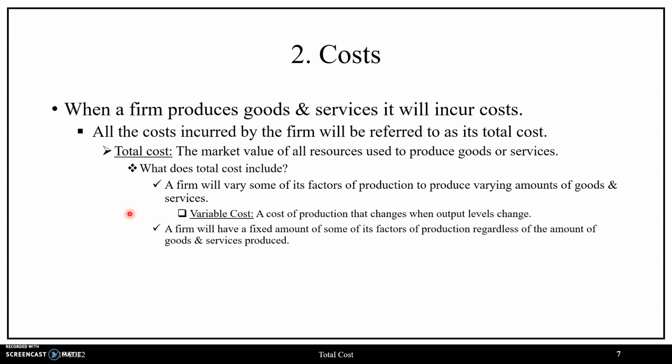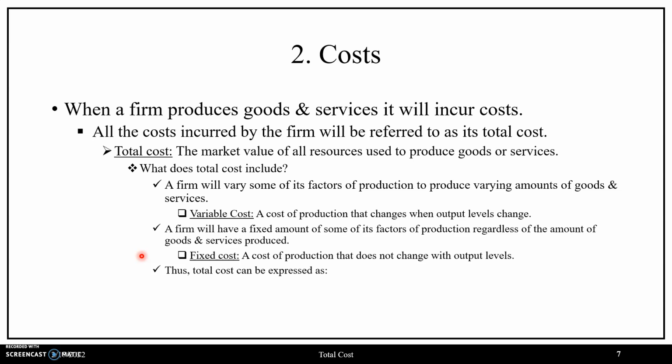And in terms of our second component, a firm will have a fixed amount of some of its factors of production, regardless of the amount of goods and services being produced, which will translate to a fixed cost component, that is, a cost of production that does not change with output levels.